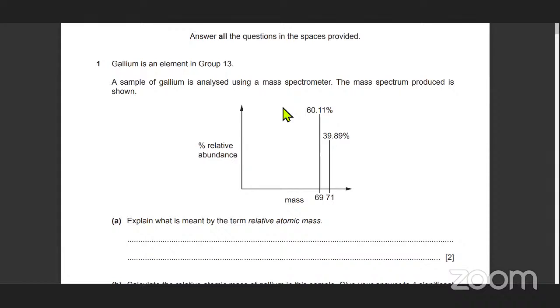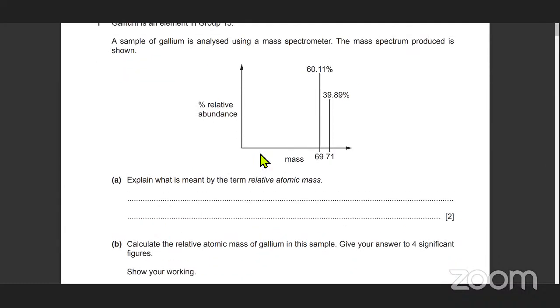Starting with the first question, वो कह रहा है कि element group 13 क्या है, ठीक है? That's group 3. A sample of gallium is analyzed. What is meant by the term relative atomic mass?